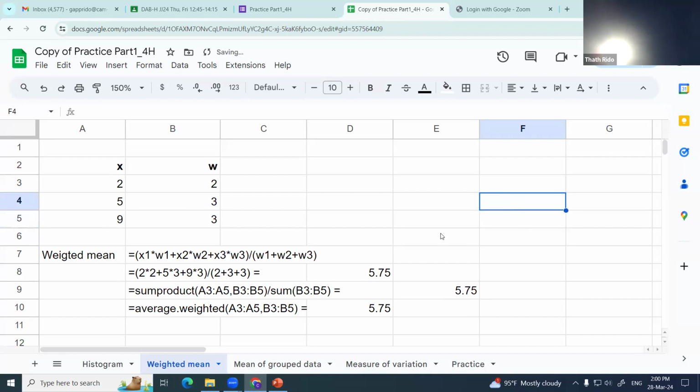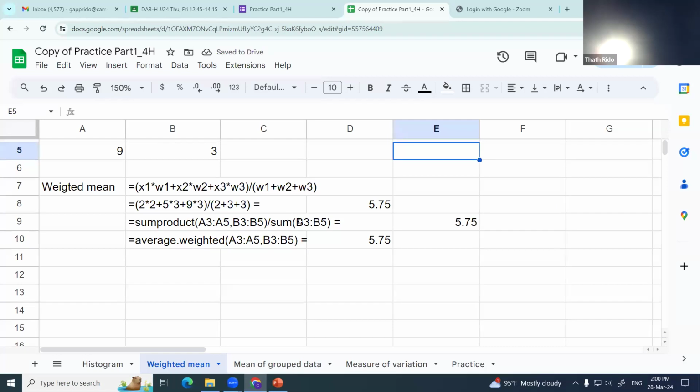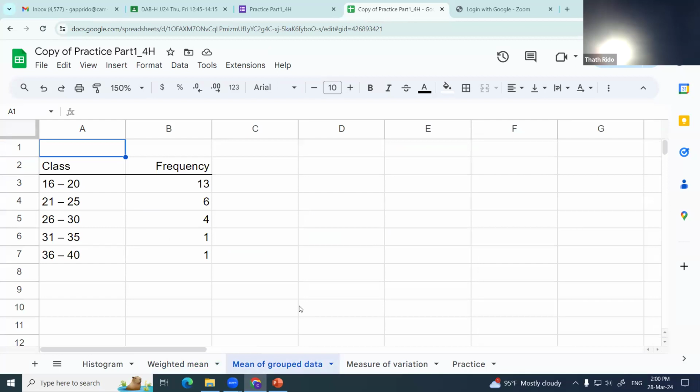Okay, so let's move to the next practice, which is the mean of group data. We have this frequency distribution. So our data is not individual data, but group data. In order to compute the mean, we have to create two more columns, which are the midpoint, or xm, and then f times xm.